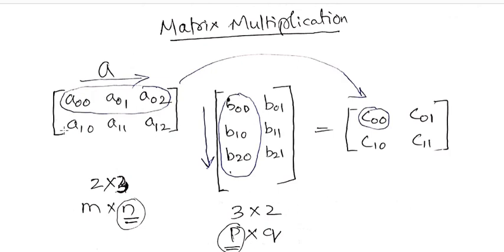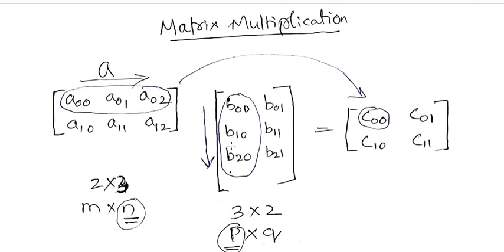So this is a 2 by 3 matrix, in general terms an M into N matrix, and this matrix will be multiplied with another matrix B having 3 rows and 2 columns, a 3 into 2 matrix. You can see P into Q is the order of the second matrix, and M into N is the order of the first matrix.